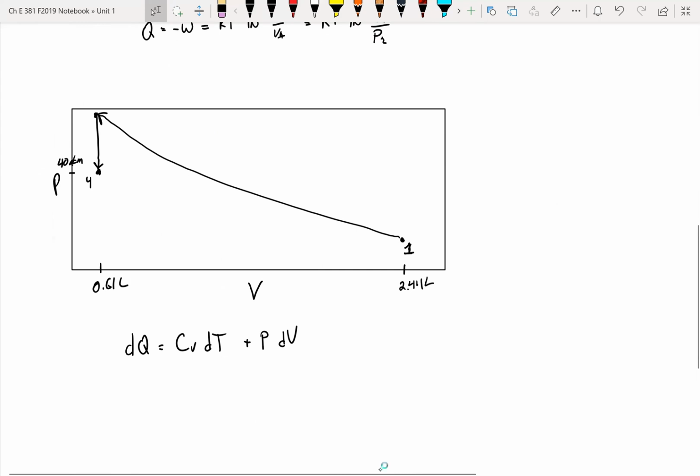So if it's an adiabatic system, that means that dq is the term that cancels out. And then I'm left with the right side, which is expressed in terms of temperature and volume, and I can use that directly if I want.